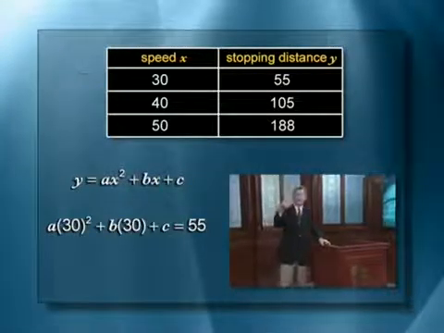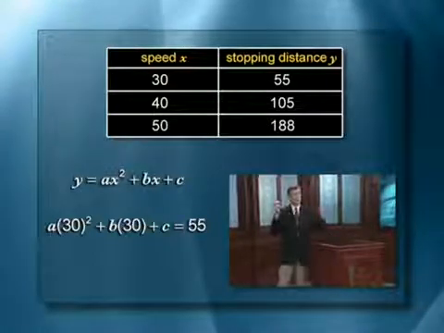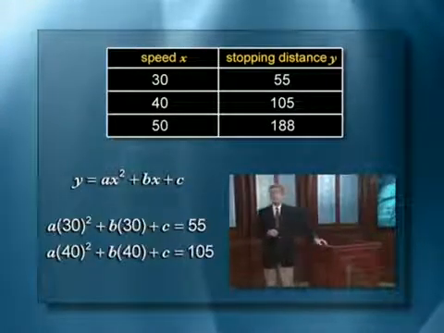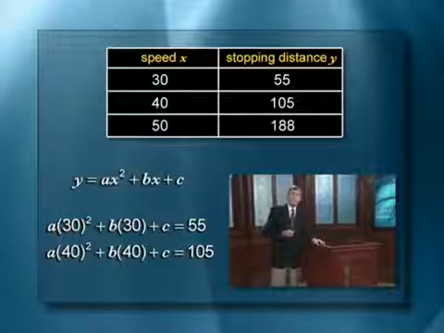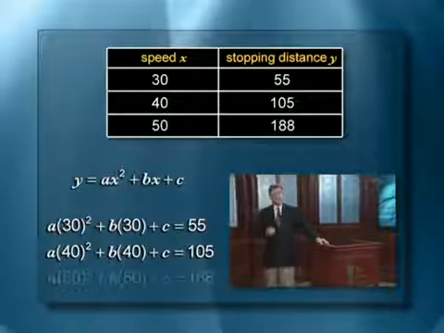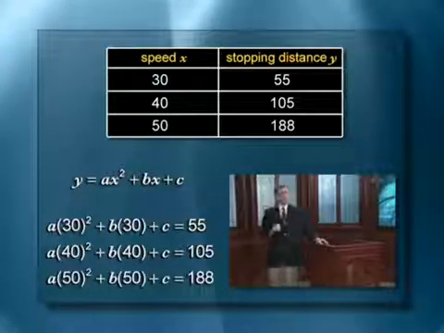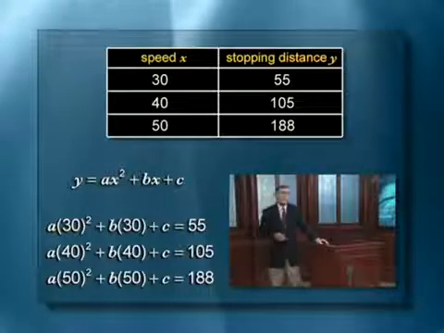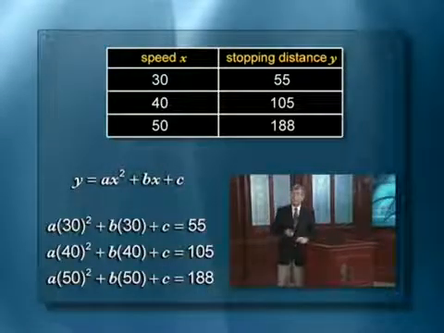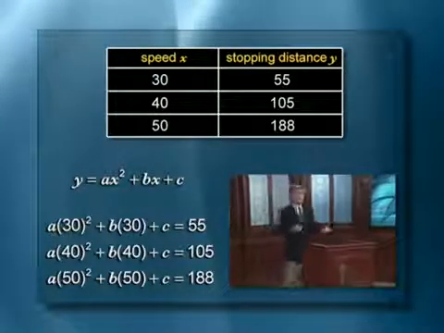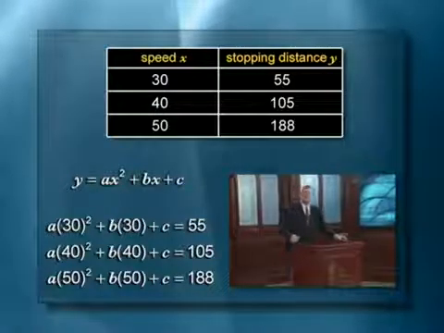And then you plug in the second and third equations, you get a times 40 squared plus b times 40 plus c equals 105, and finally a times 50 squared plus b times 50 plus c equals 188. So we have three equations, three unknowns.